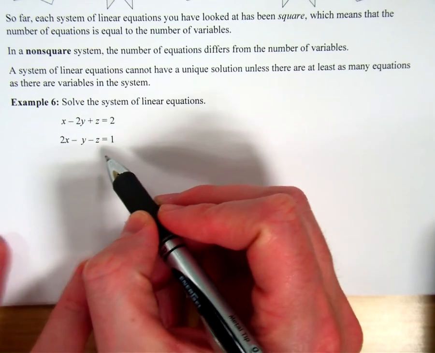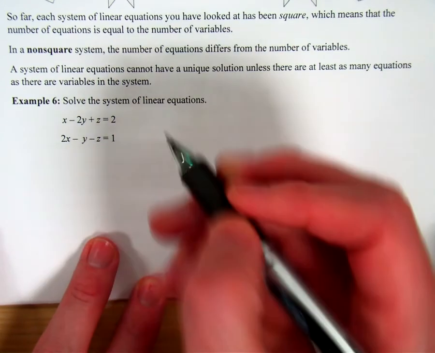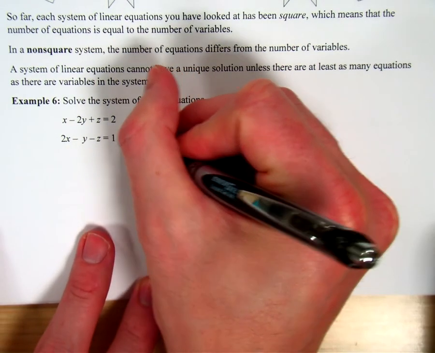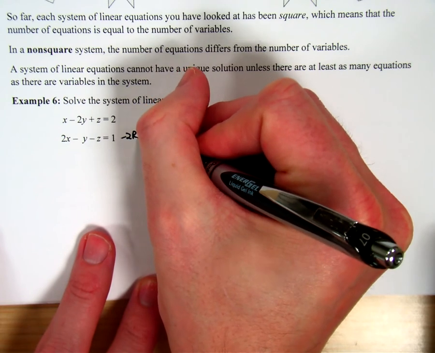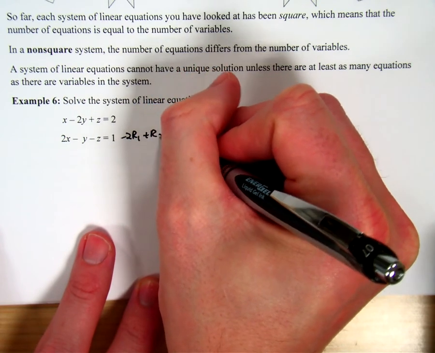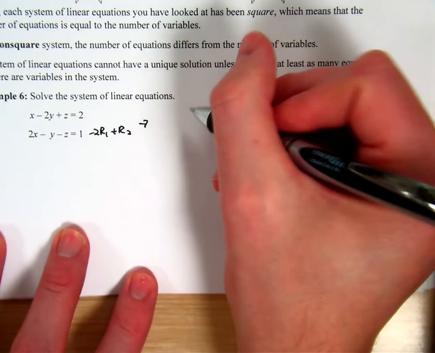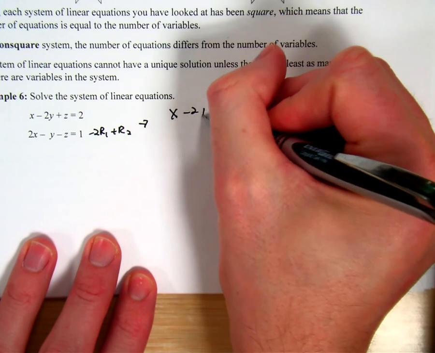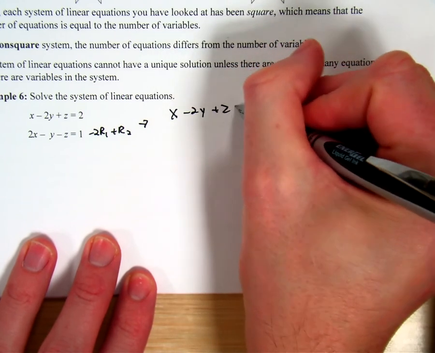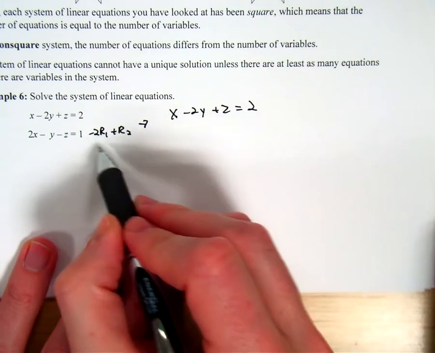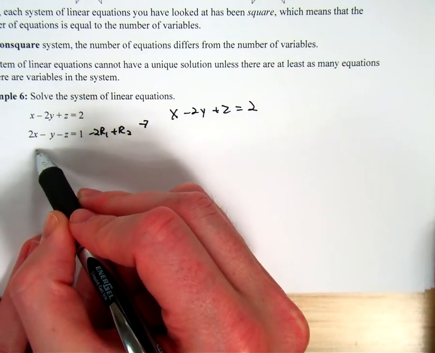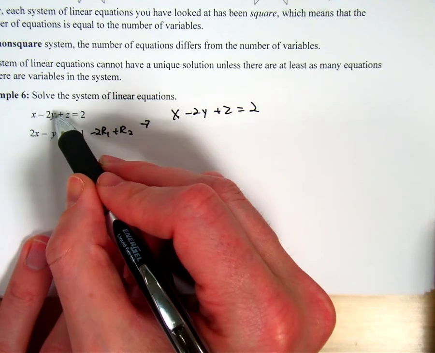All right, same kind of ideas. We're trying to get this one by itself. So let's go with negative 2 times row 1, and we're going to add that to row 2. So we've got our x minus 2y plus z equals 2. Negative 2x, positive 2x cancels.